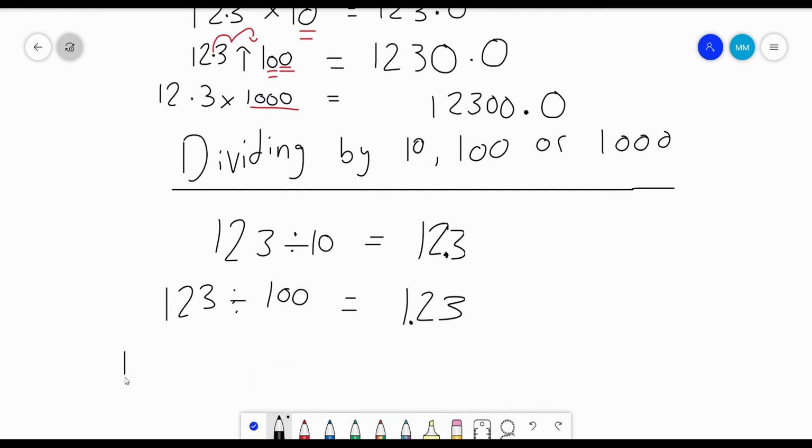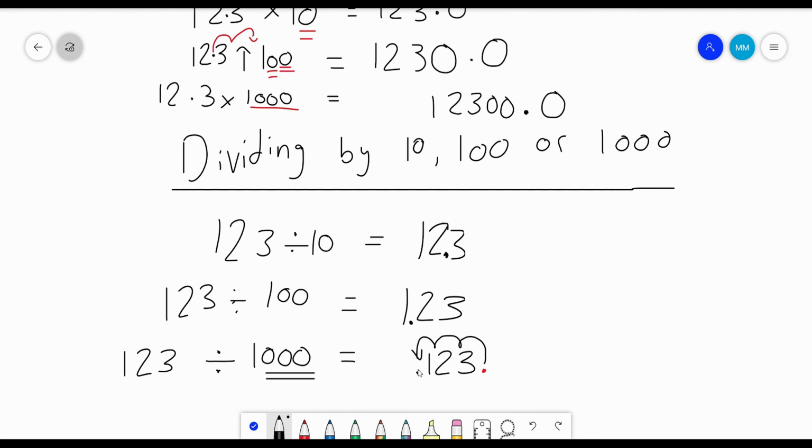Finally, 1, 2, 3 divided by 1,000. We do, once again, we write it out. Imagine our decimal point is here, because we haven't got a decimal point to play with. And we move it 3 times, because there's 3 zeros in 1,000. 1, 2, 3.